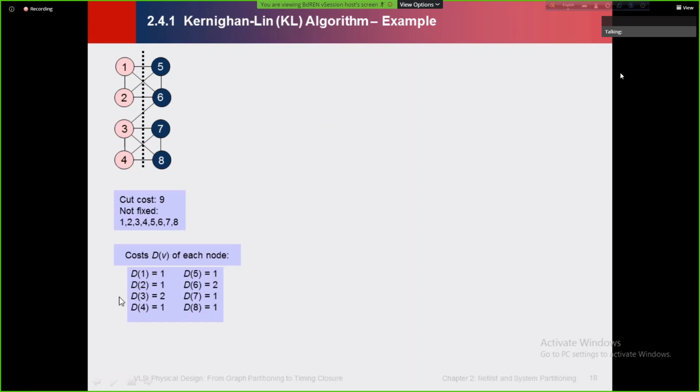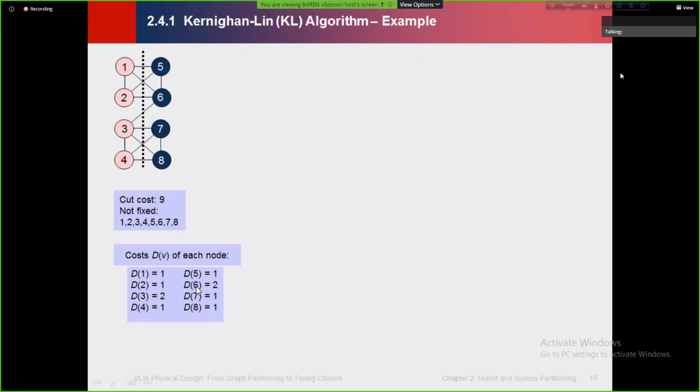In here on the left side, the maximum cost is node number 3, which is 2, and the others are 1 1 1. And on the right side, the maximum cost is for node 6, which has a cost of 2, right? Now normally this is natural, that we need to swap between 3 and 6, but there is a problem.